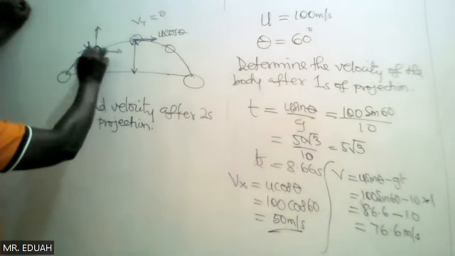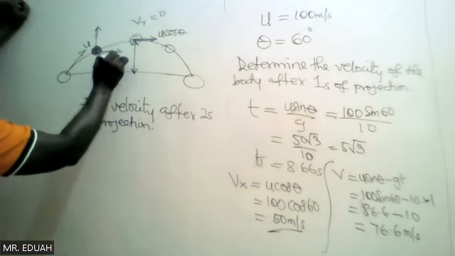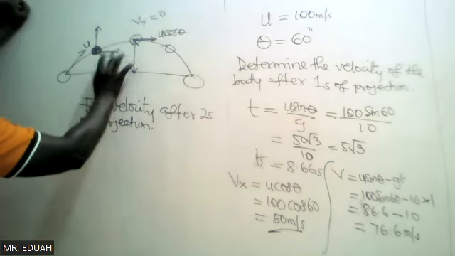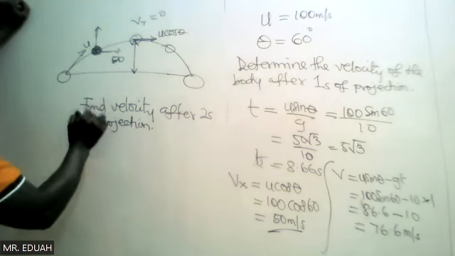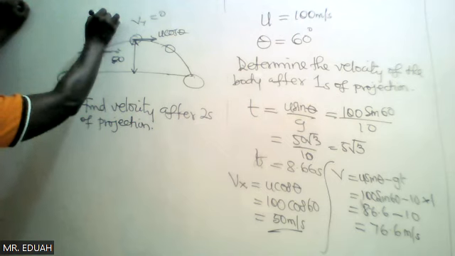After 1 second, the body is here. The horizontal velocity here is equal to 50, and the vertical velocity here will be 76.6.